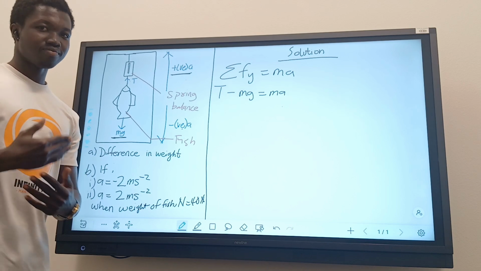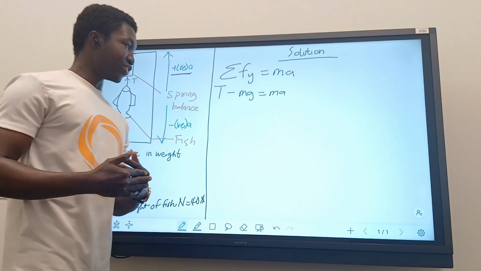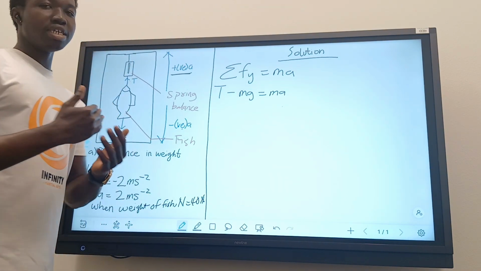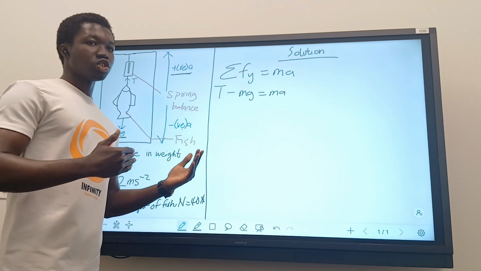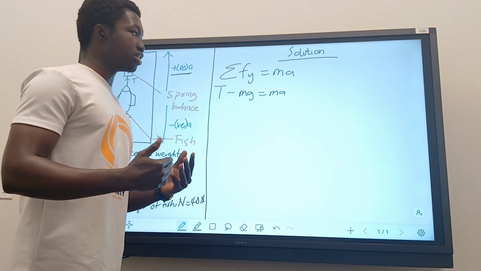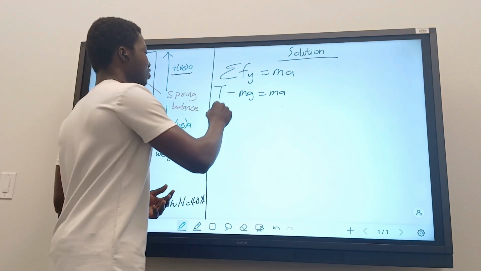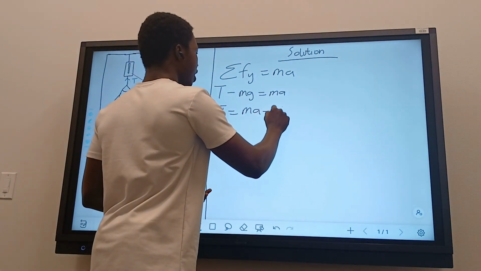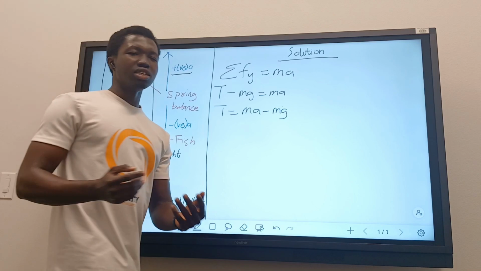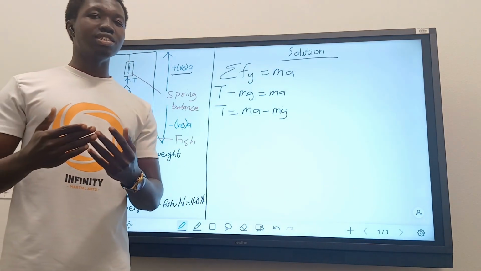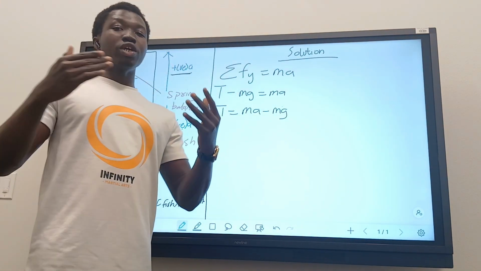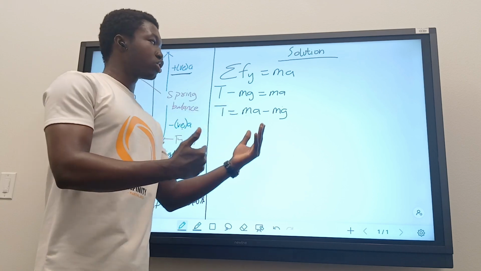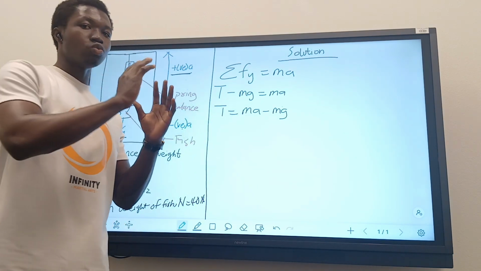Hope you are following. It gets interesting as we move on. Now, we want to make T the subject of this equation. So we are going to do a little change of subject. So T is equal to ma plus mg. Now, in this experiment, we are investigating the change in the weight of the fish. So we want the weight to stand alone whilst we isolate the rest.